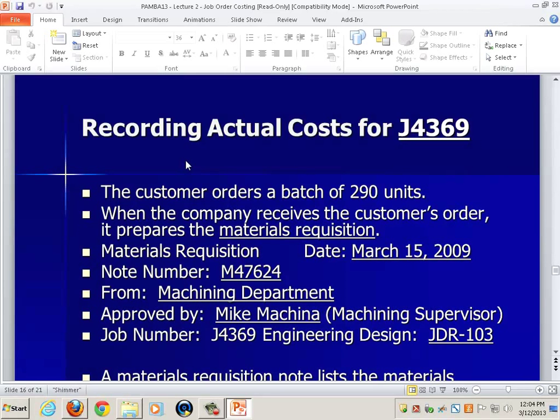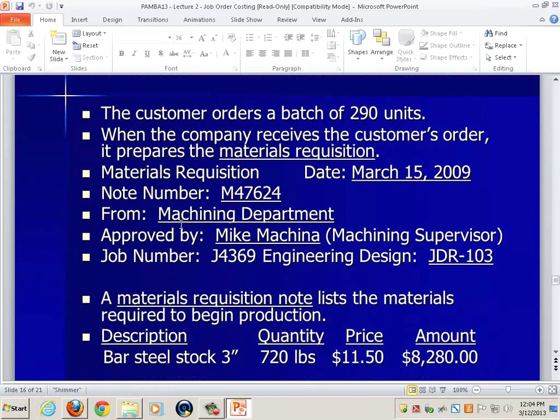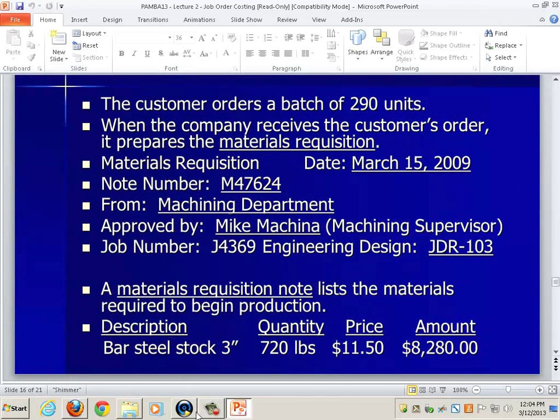So one thing we start is we requisition materials. We requisition bar steel stock 3, and for the 290 units we requisition 720 pounds of bar steel stock 3. At $11.50 per unit, the total amount is $8,280.